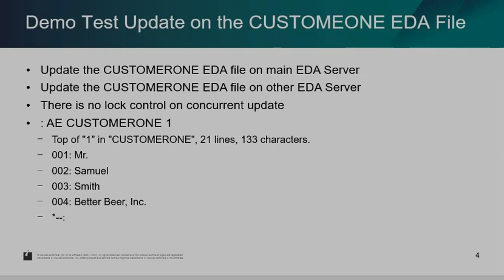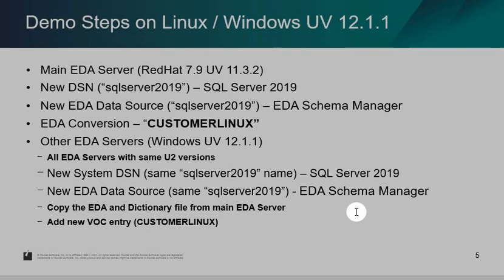I also tested on a Linux and Windows environment. I'm using Red Hat 7.9, installed with Universe 11.3.2, and created a SQL Server 2019 DSN, with the data source name also called SQL Server 2019. The file I converted is customer Linux. Same thing, I copy the EDA file to my local Windows machine, just like the Windows demo.